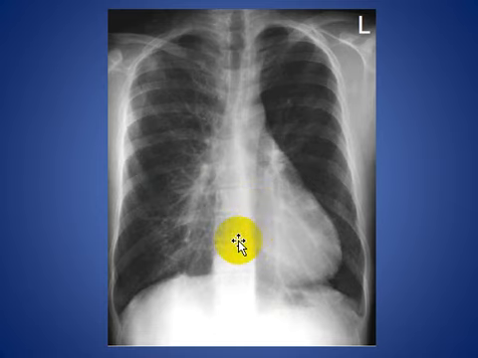One of the differential diagnoses is right middle lobe collapse or consolidation. So this is a classic case of pectus excavatum or funnel chest. It is a congenital anomaly of the chest wall characterized by depression of the sternum.